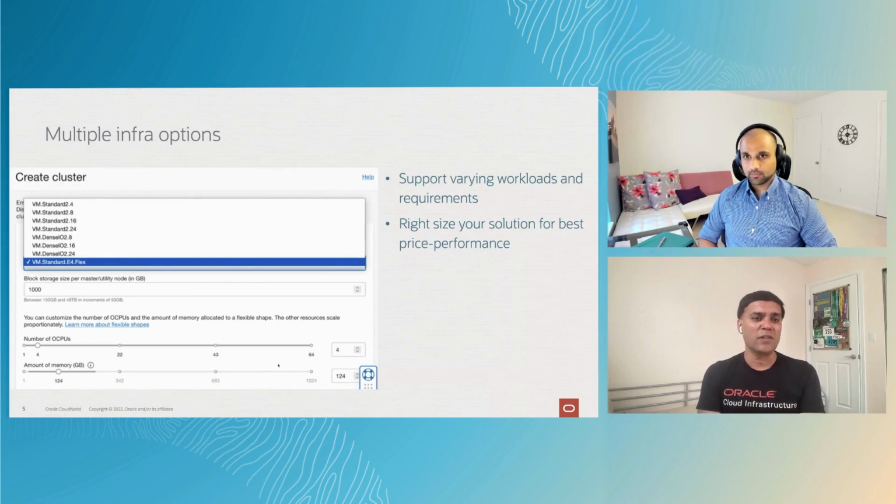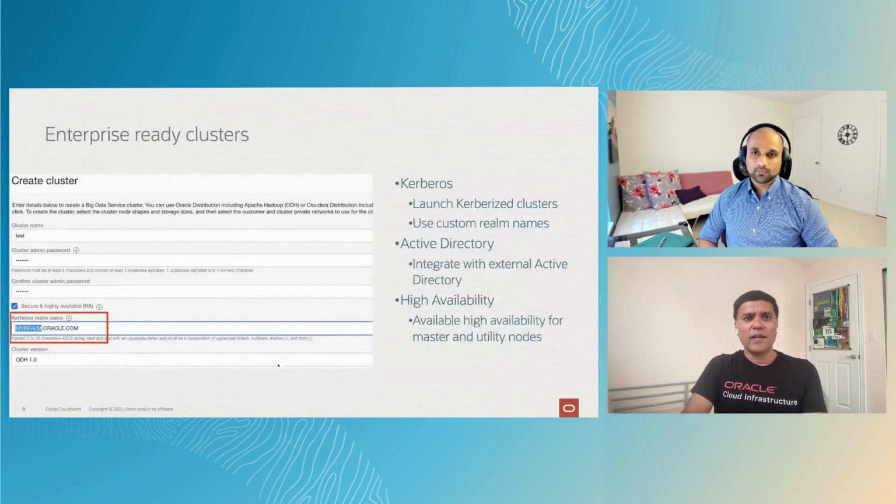And you can choose how much block storage you want to attach to each of these nodes as well. But the good thing is in BDS, things are very flexible. So you can change these choices later on, either manually or using auto scaling as well. So a lot of flexibility.